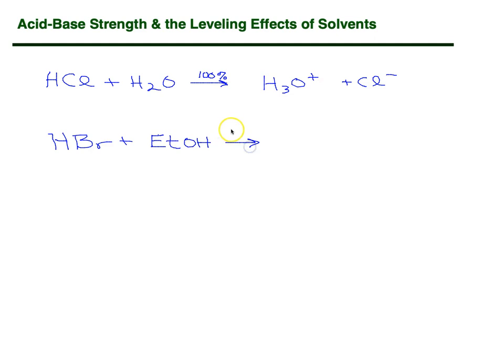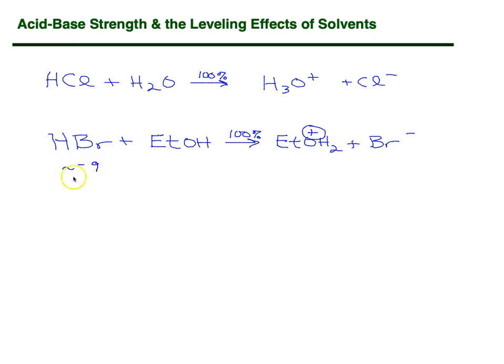This will also react 100% to give us the protonated ethanol molecule plus a bromide ion.